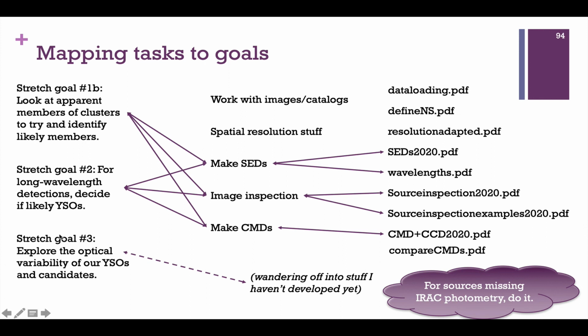And stretch goal number 3 is a sort of a separate entity that's going to be exploring the optical variability, and I haven't developed any materials for that yet because I'm pretty sure we're not going to get to that this week. And then also sort of hovering in the background is that for sources that are missing IRAC photometry, we need to go do it. I don't have any materials developed right this second for that because I'm not sure how we're going to get to it. If there's enough interest, we'll have to organize another day to get together and go through it for those that are interested. And in any case, I can also just do it for you.